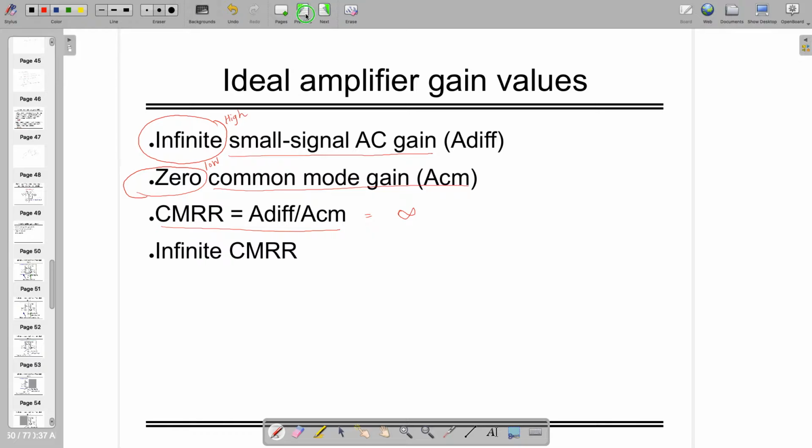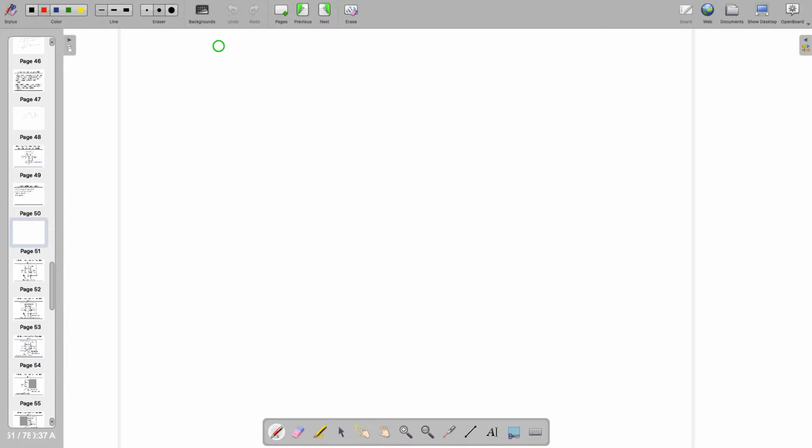Notably, what is the AC gain? AC gain is the one where, if this is an amplifier, there are two different things. So let's assume that this is common mode.